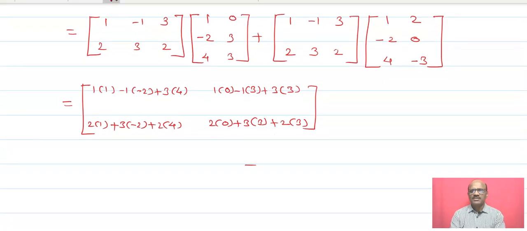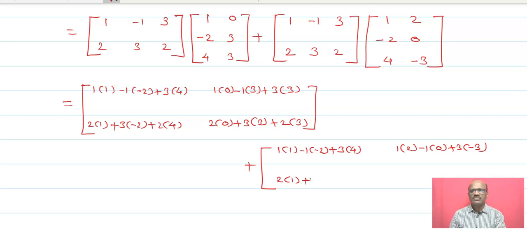Now the first part is clear. Now here we add what we get for the remaining two matrices. Now see this: first row, first column, first row, second column, second row, first column, second row, second column.